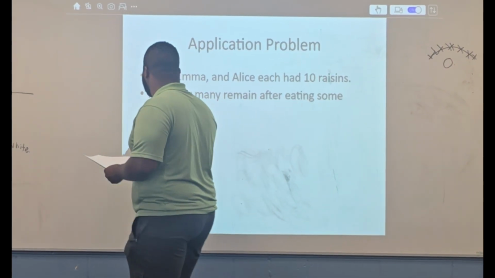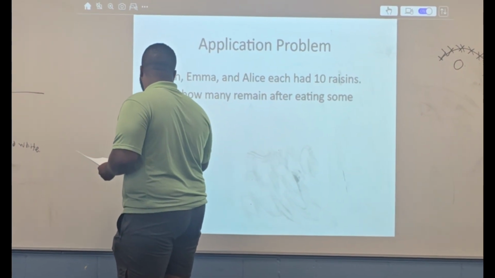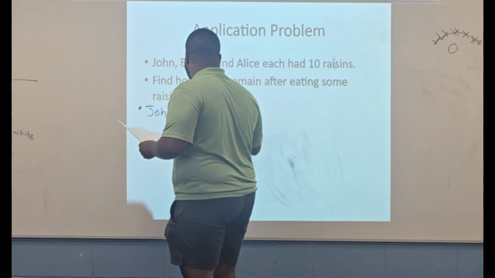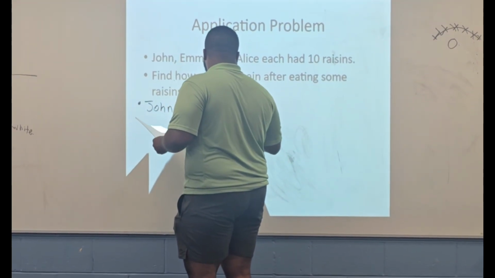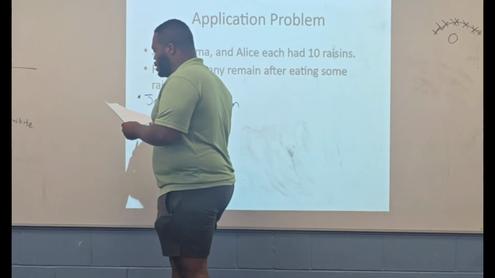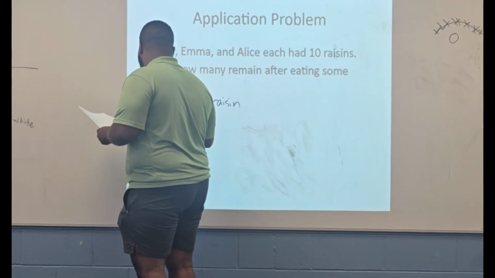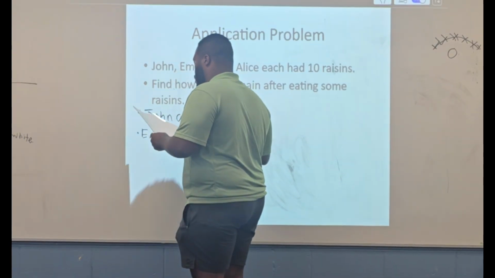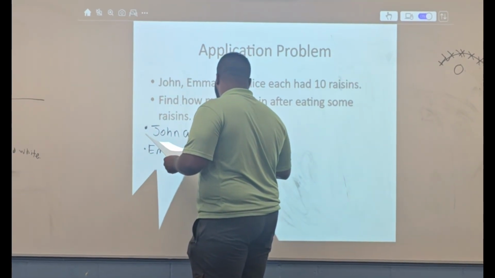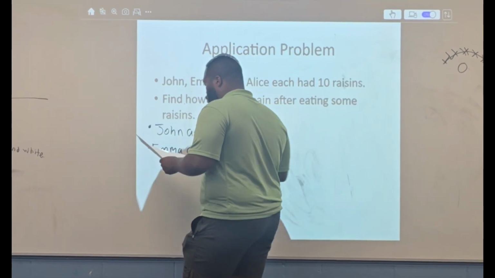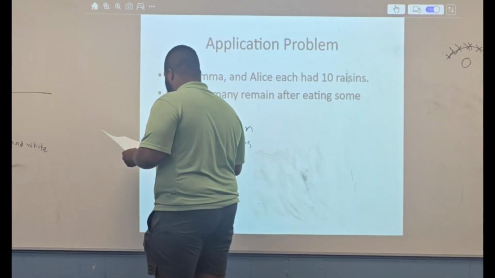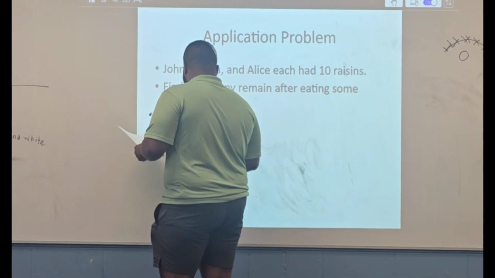So John ate 3 raisins, right? And then Emma ate 4 raisins. And then Alice ate 5 raisins.